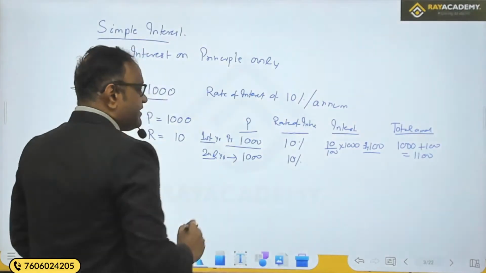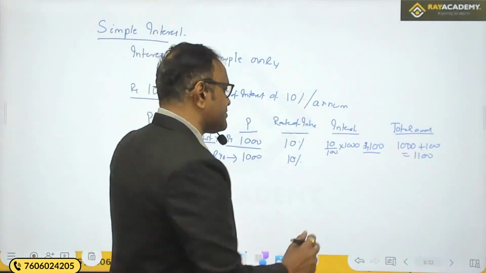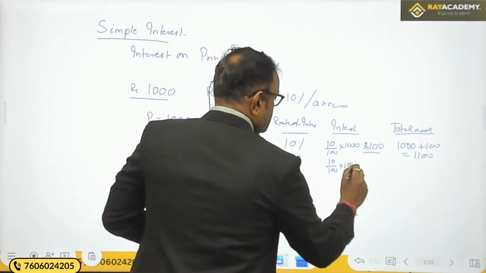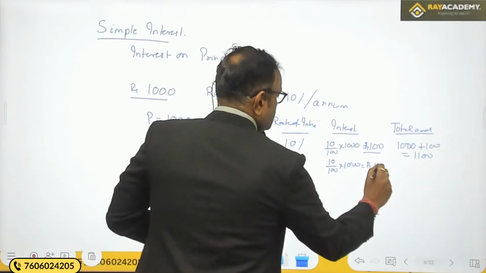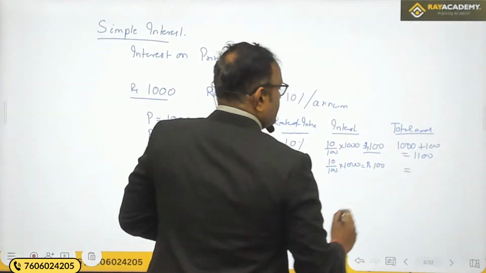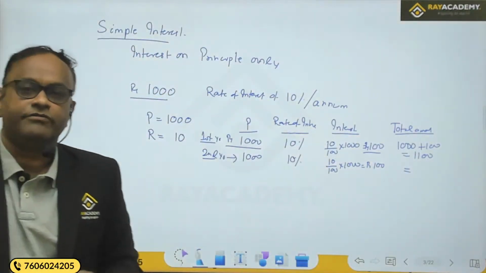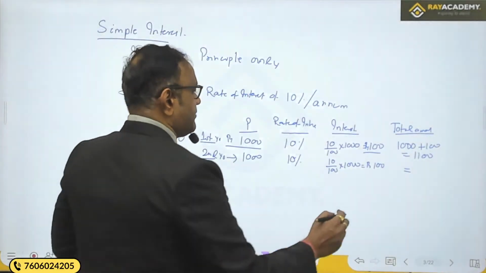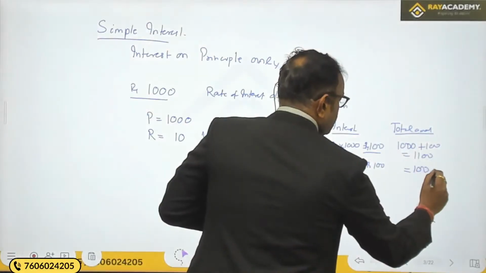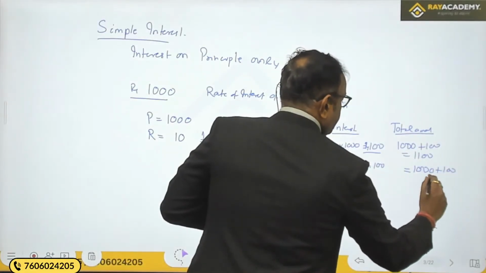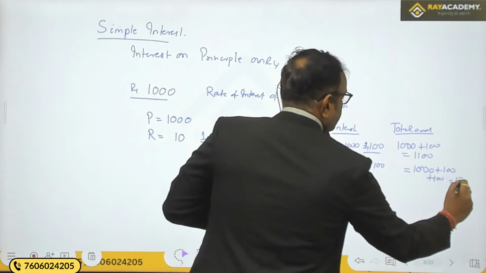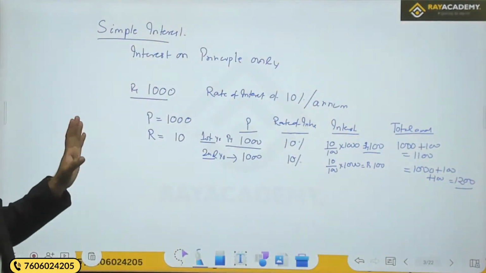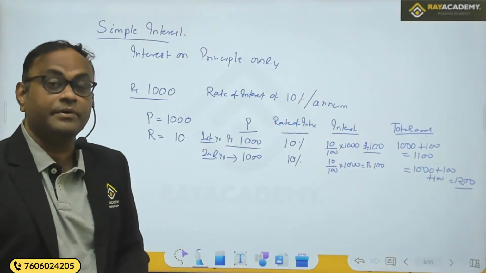In the second year, 10% of 1,000, another 100 rupees you will get. So how much total will you get? 1,000 principal, first year interest 100 rupees, second year interest 100 rupees. So total is 1,000 plus 100 plus 100, that is 1,200 rupees. This is the simple calculation for simple interest.